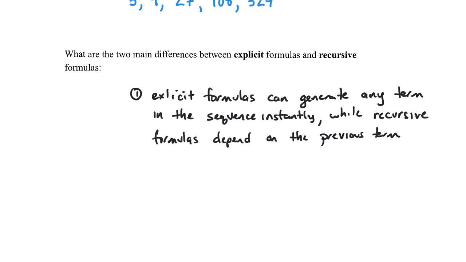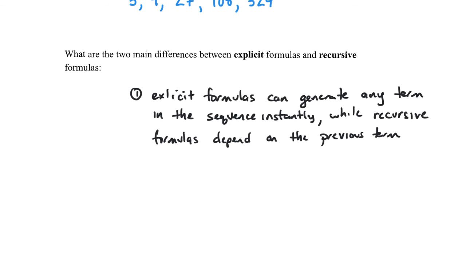So if I asked you for the 100th term in a sequence, with an explicit formula, you'd be able to go right to it. With a recursive formula, you'd have to know the 99th. And to know the 99th, you'd have to get the 98th. And to get the 98th, you'd have to get the 97th, so on and so forth. So recursive formulas are not that great at giving you terms that are really far into the sequence.